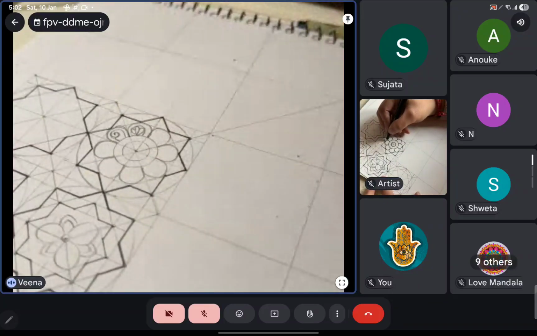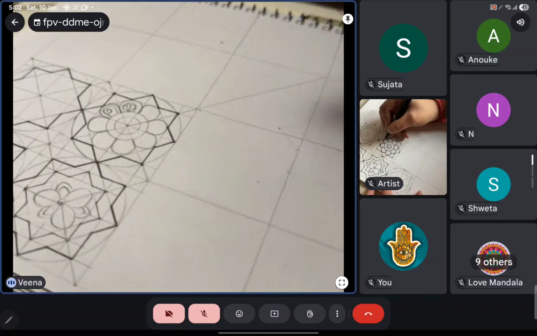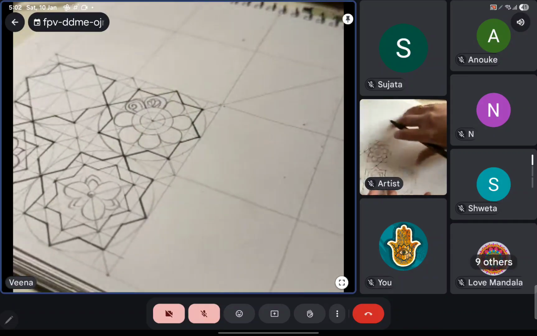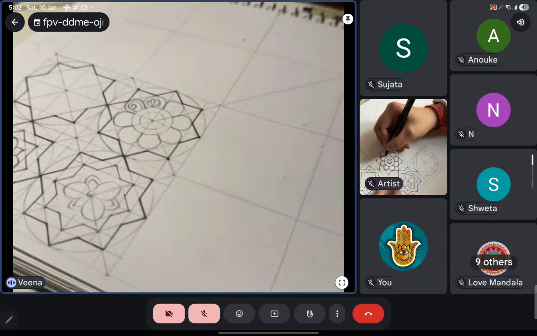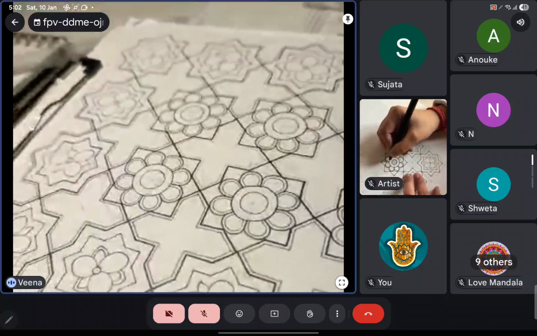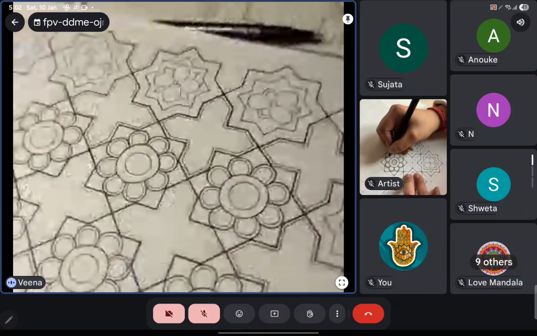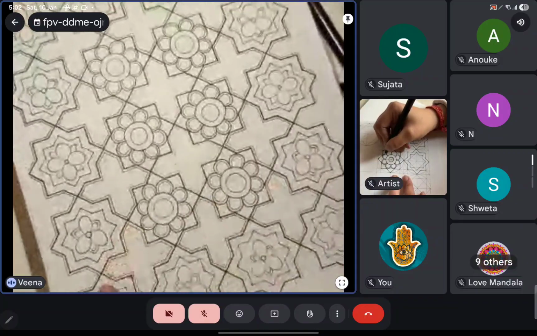So this is how we can incorporate a mandala design in this. A tiny one. And then whenever there's a double one, you can do. So what I have done is, let me just show it again.